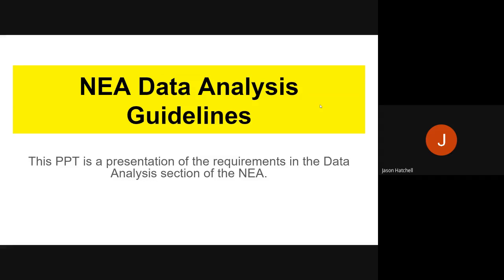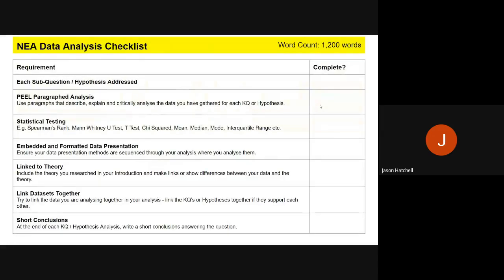So, first thing is a brief checklist for you of the things you should be doing in a data analysis for an NEA. Now, the word count here, again, this is very rough. It's not a limit. It can be as long as it needs to be, but it should be roughly 1,200 words. So in your data analysis, you should have each of your sub-questions or hypotheses addressed, and you can use those as titles in your data analysis.